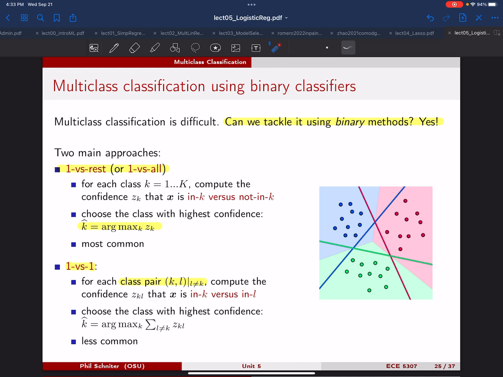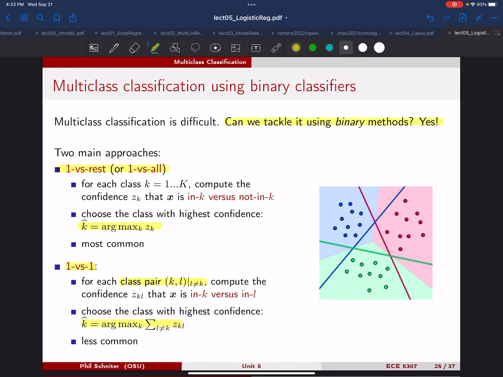And then to navigate between all those, if you want to do blue, you would sum up all the scores. So if we're focusing on a particular K, we sum up all the scores for L not equal to K, and we get this sum score that is now dependent on K, and we maximize that over K. So that's how we merge all these paired scores to finally get the estimate of K. So just 2 different approaches.